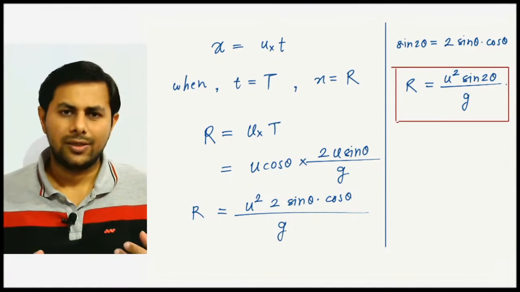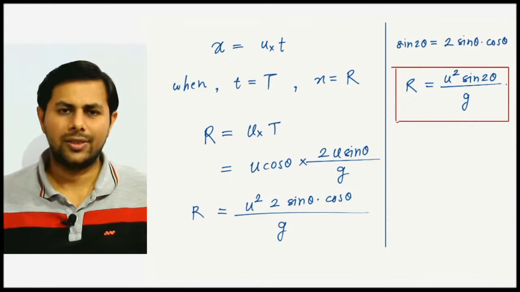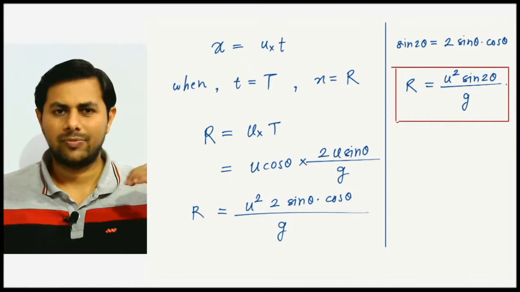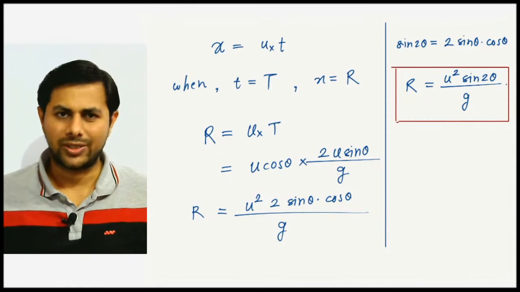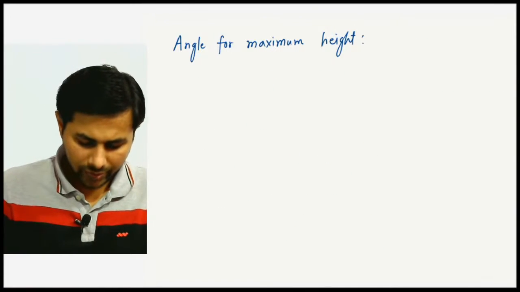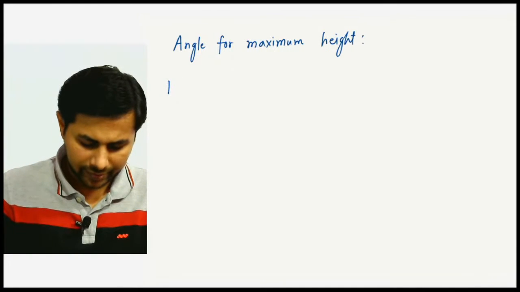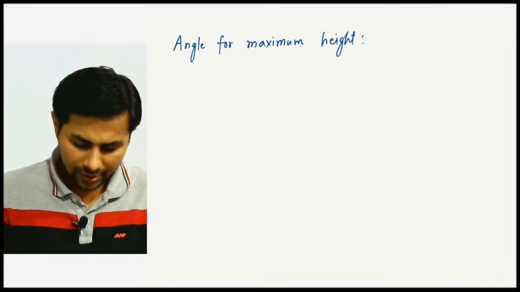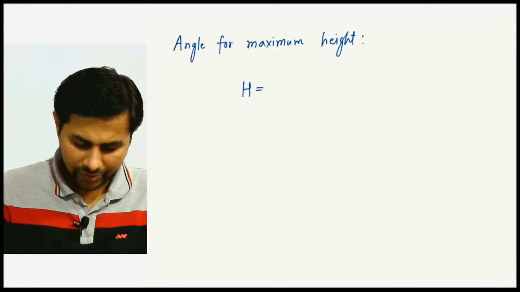Now next, let's find out the angle at which the projectile should be projected so as to get the maximum height and maximum horizontal range. So for maximum height, the height attained by the projectile, we had an equation for that.